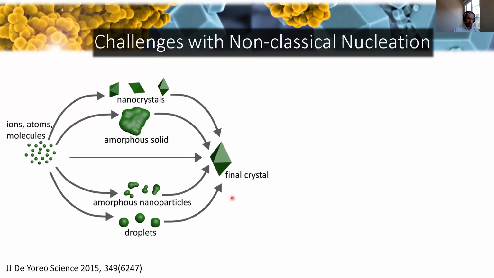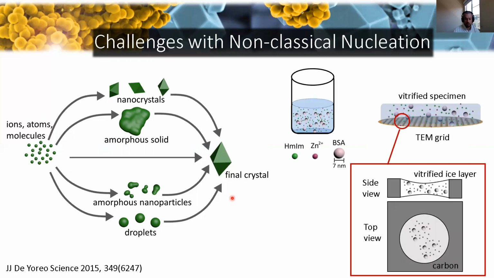And the specific pathway you take and the specific details of that are going to affect your final structure and properties of the materials. And again, this has been really, really widely studied for many different types of crystals. But for these protein metal organic frameworks, it's not really been studied very well.